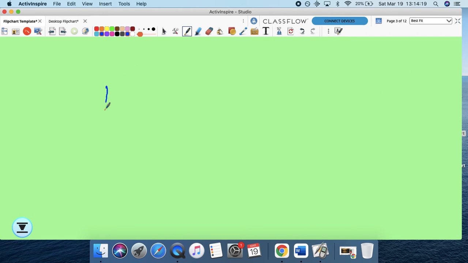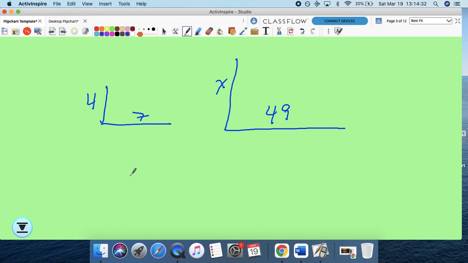You have a gate that's 4 feet tall and it has a shadow of 7 feet. Then you have a building that's that tall and the shadow is 49 feet. What's the height? If you do a proportion, 4 is to x, 7 is to 49. You can cross multiply.